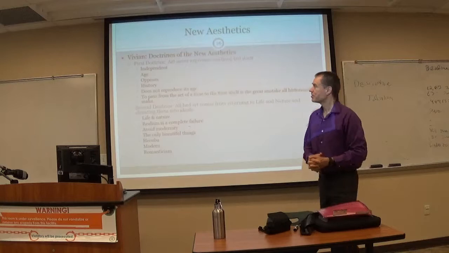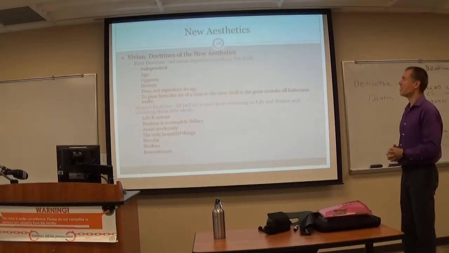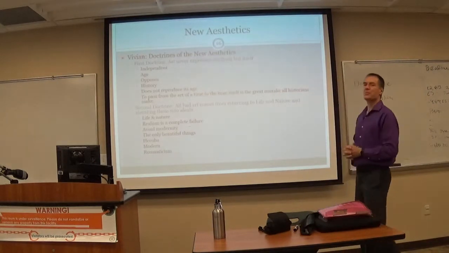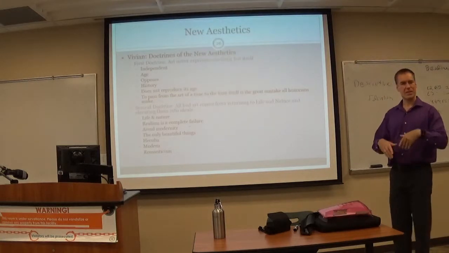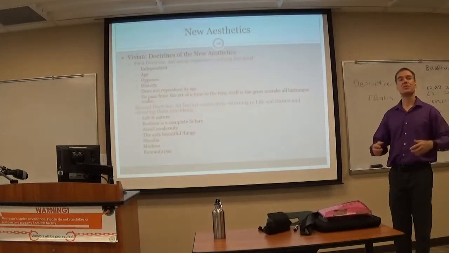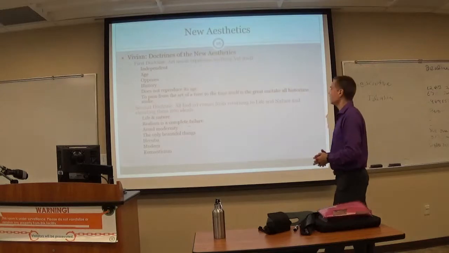Now he closes with his doctrines, the four doctrines of the new aesthetics. The first doctrine is this: art never expresses anything but itself. It's independent of its age. In fact, he claims it often opposes its age and does not reproduce these ages.